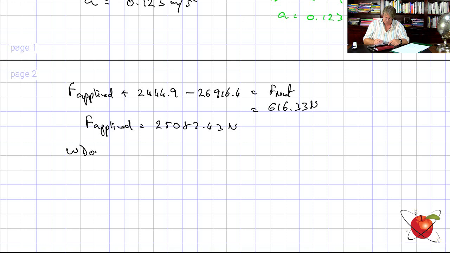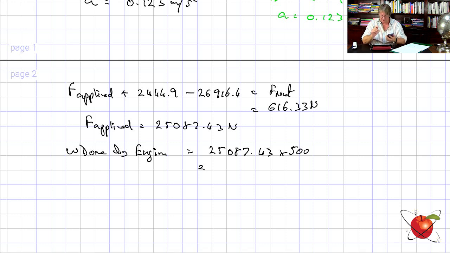Work done is going to be equal to that, times 500. Work done by the engine is going to be equal to 25,087.43 times 500.